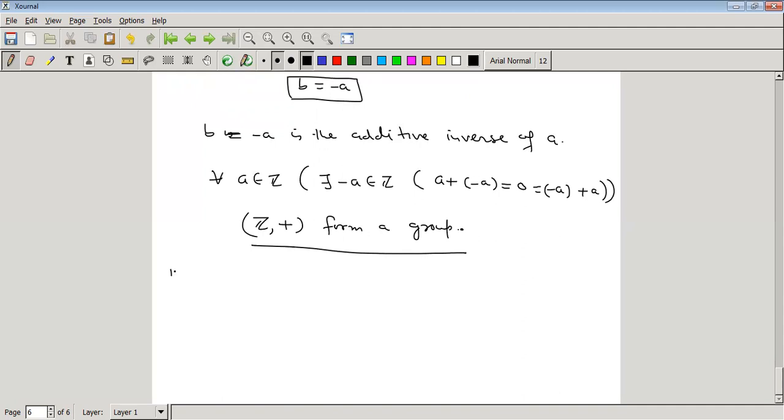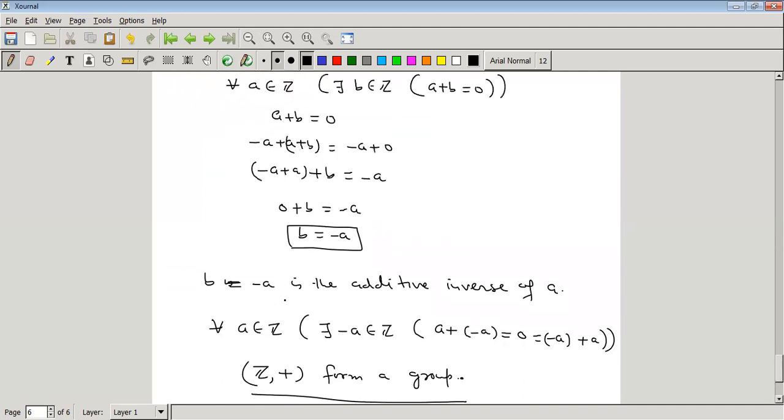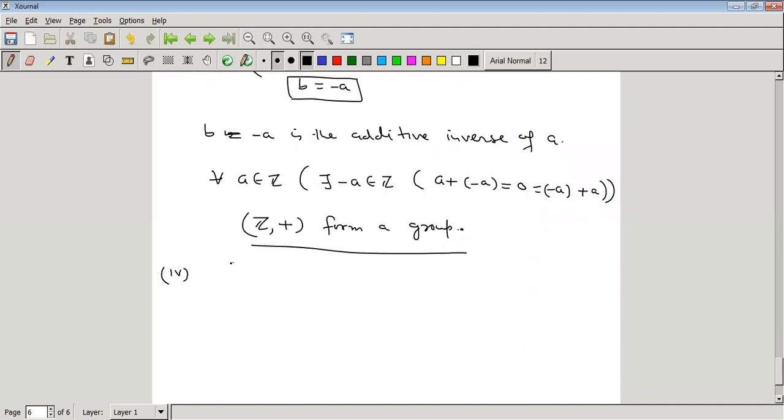Now think about that: does Z with binary operation multiplication form a group? This is an assignment to all of you.